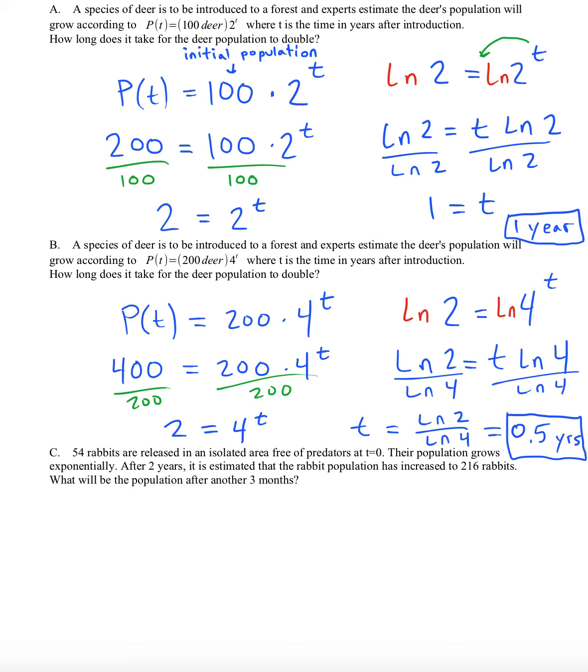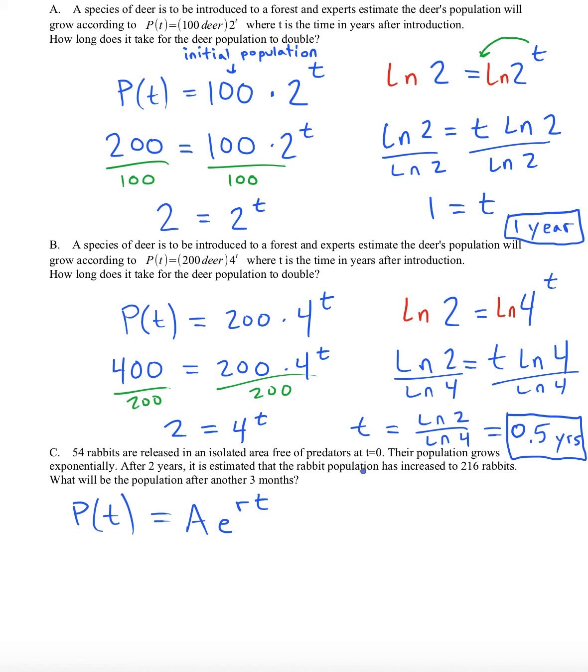All right, so let's go ahead and create an equation of our own of the form A e to the rt. Now, we know the initial population.